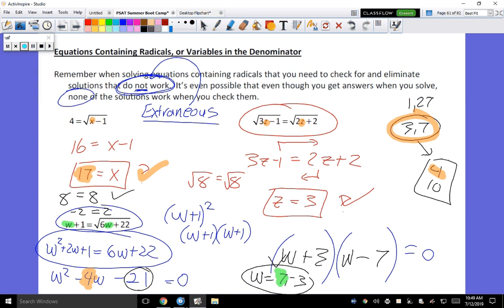A negative number squared can become positive, but the backwards cannot happen unless they're imaginary numbers with i. Okay? So -3 does not work. -3 is extraneous. Now, this is huge what I'm about to tell you, okay?